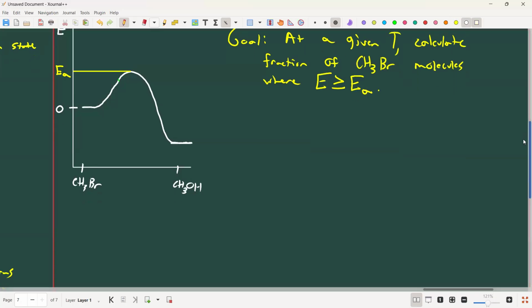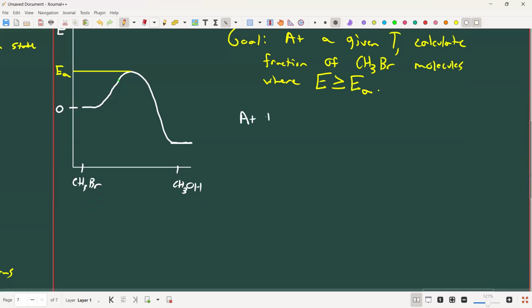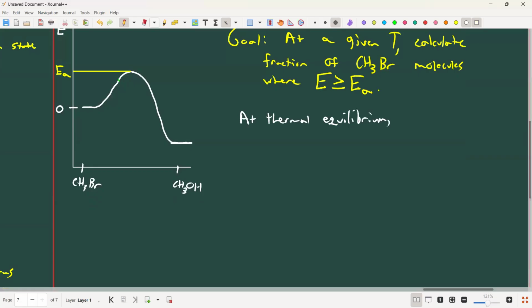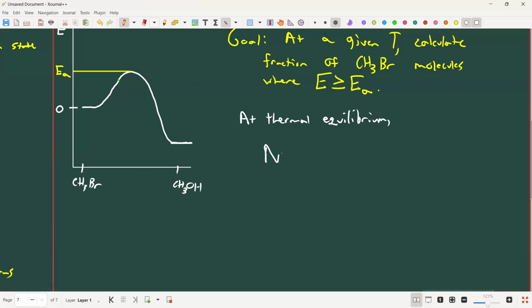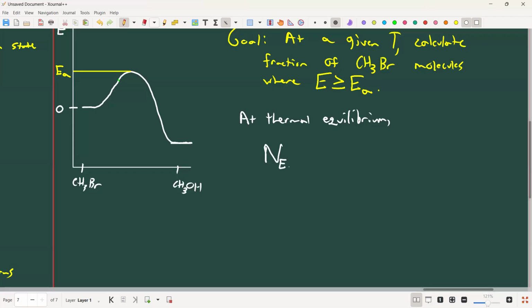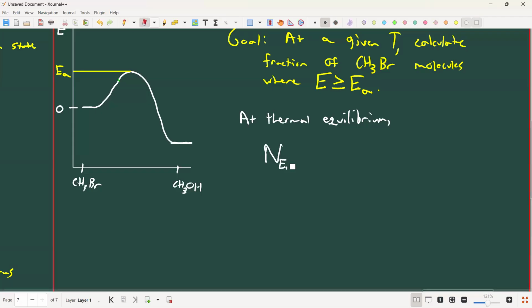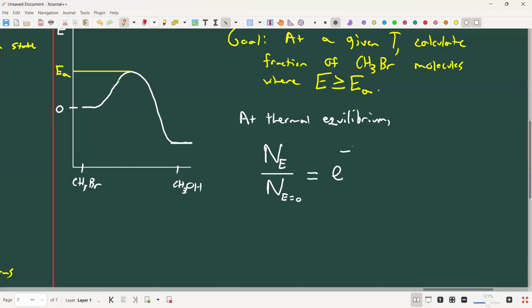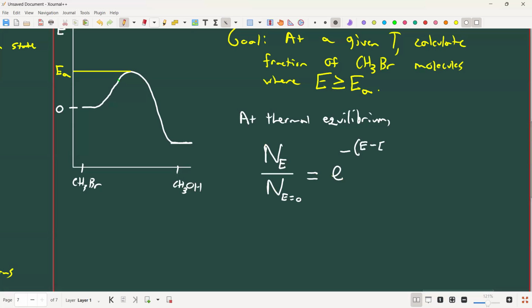Okay, so we have a nice equation for that at equilibrium. We can calculate the fraction of molecules at any energy using Boltzmann's equation. The number of molecules at energy E over the number of molecules at energy 0 is equal to e to the minus (E minus E0) over RT, right?